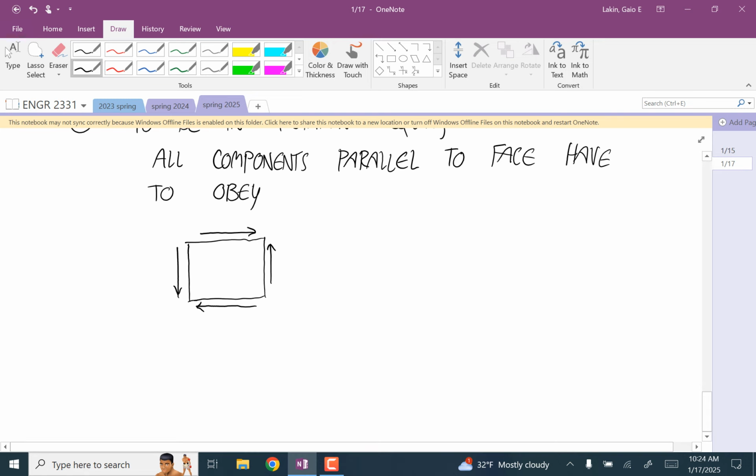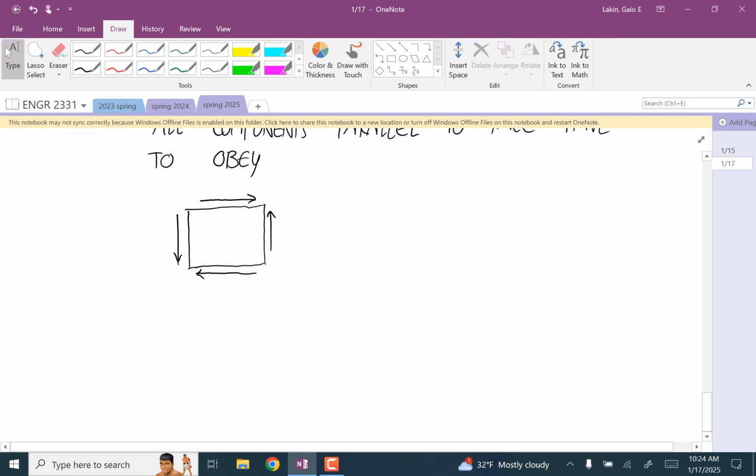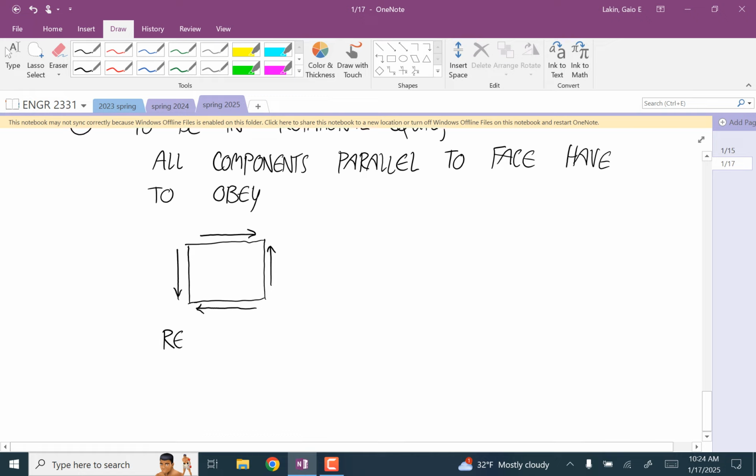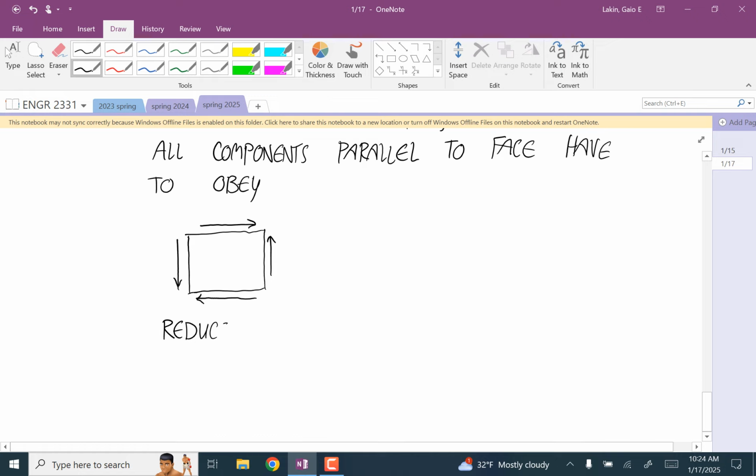And so that reduces this, we were at 9, to 6 values. Okay? And these 6 force per area values make up the stress tensor.